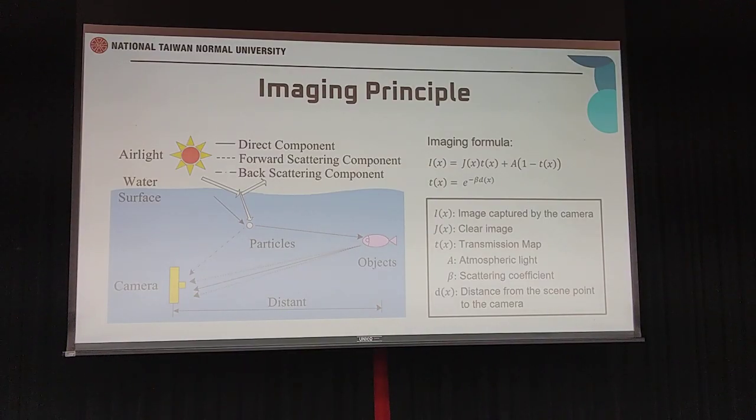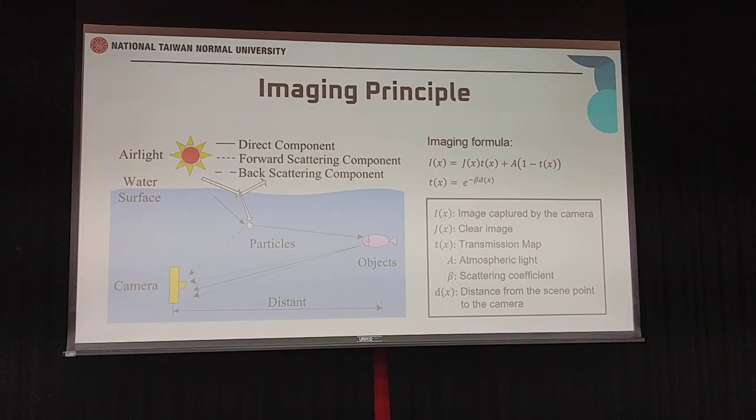To understand this problem, we can look at the underwater image formation model. The captured image is composed of two parts. The first part is the clean scene information weakened by the transmission map. The second part is the background light caused by scattered ambient illumination.